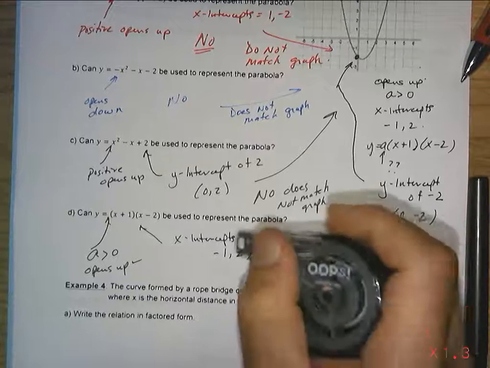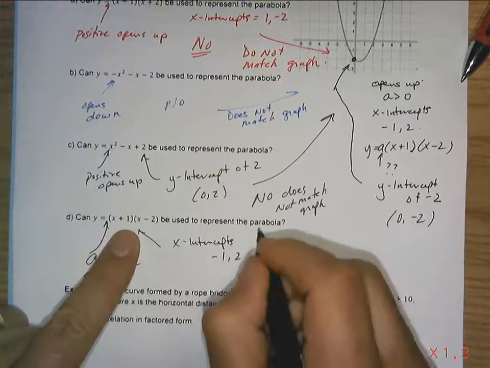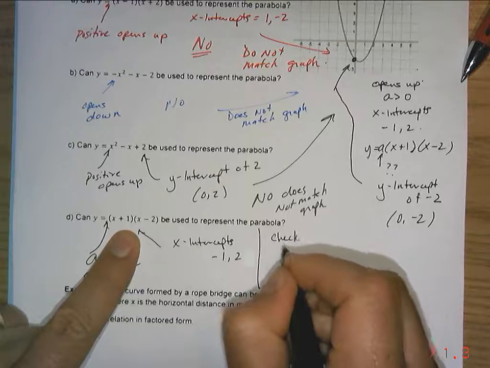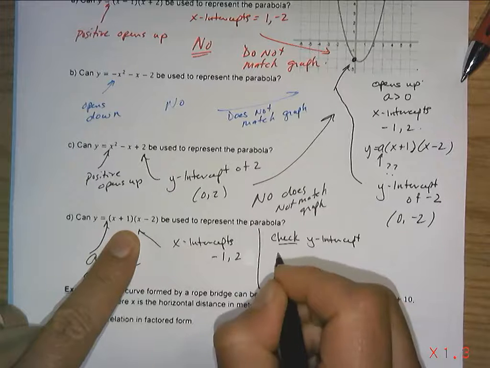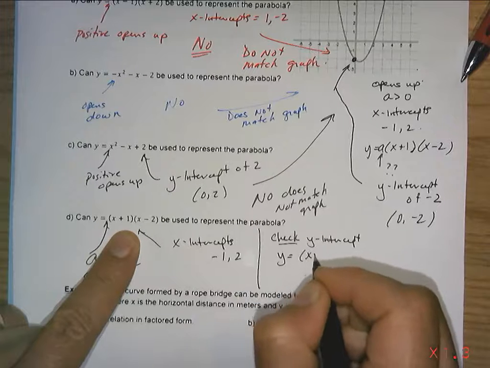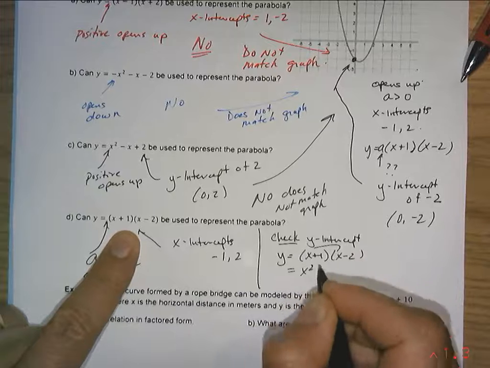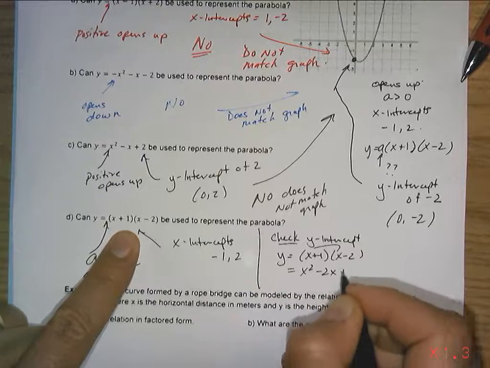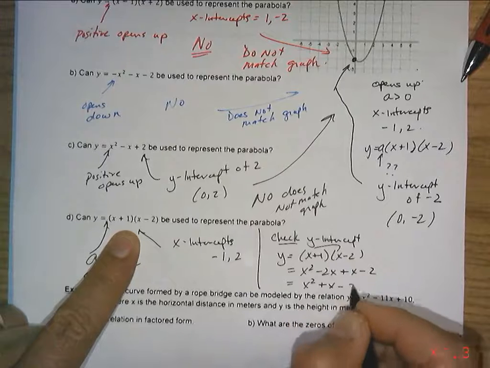Because to do that, we need to expand this. So to check the y-intercept, we need to expand. So x times x will be x² minus 2x plus x minus 2. x² plus x minus 2... actually x² - x - 2.